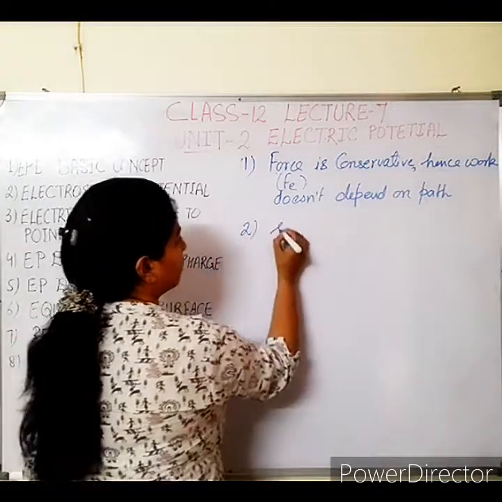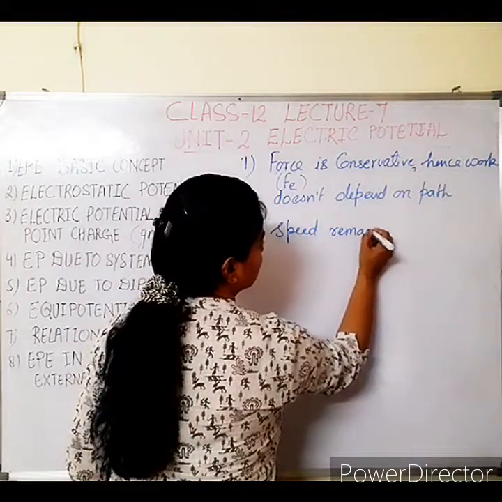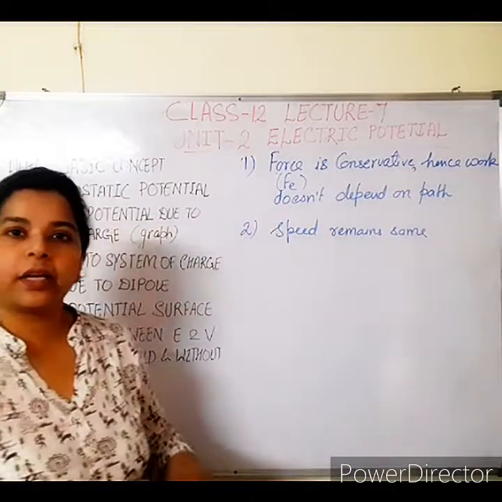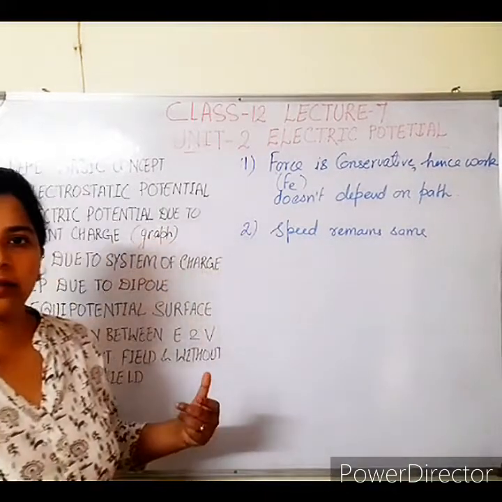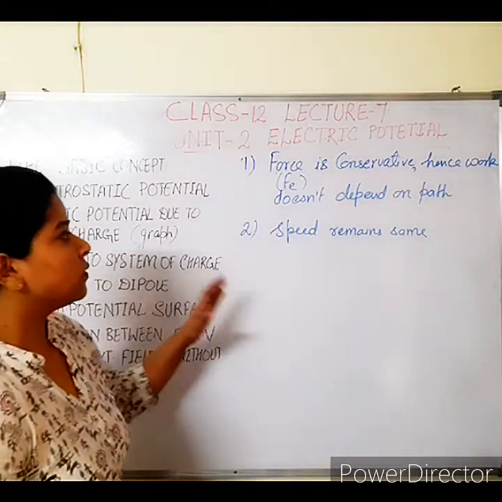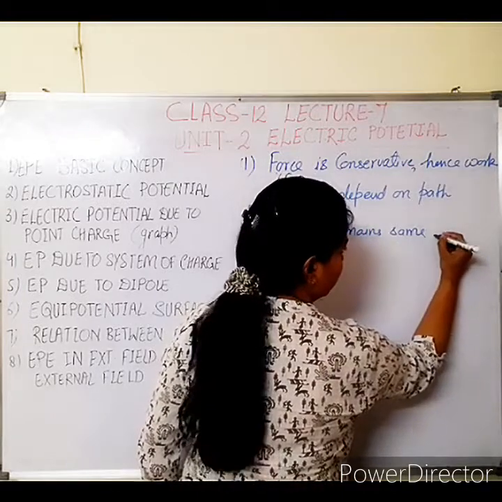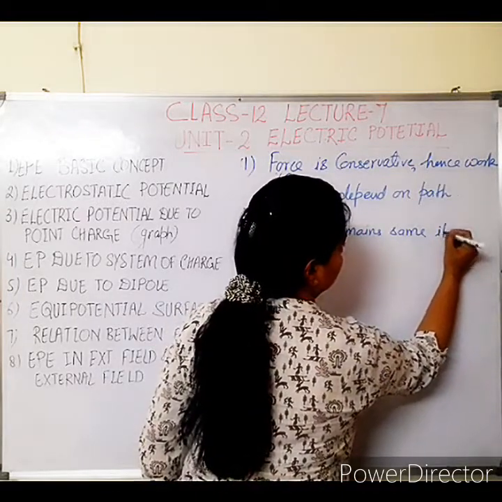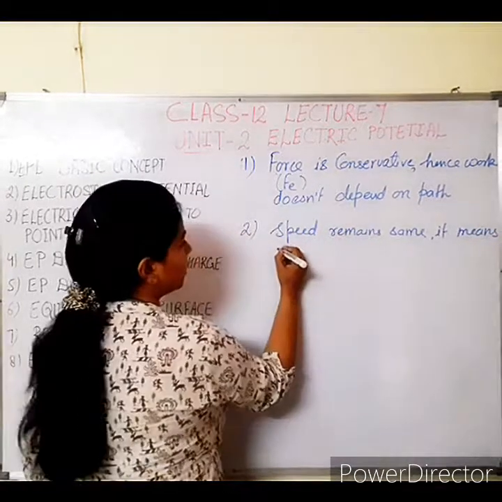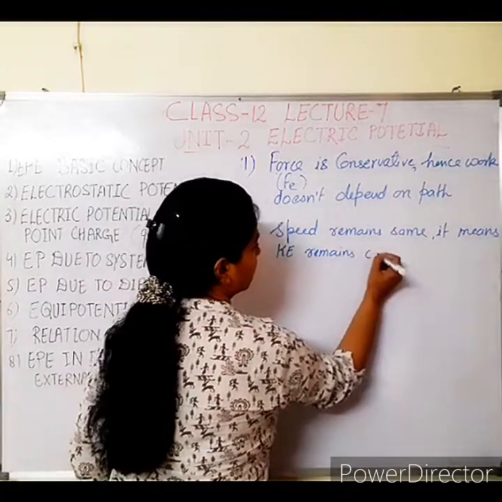Second point, speed remains same. Why does speed remain the same? Because the net force is zero: the external force and the electrical force nullify each other. And if speed remains the same, it means kinetic energy remains constant.